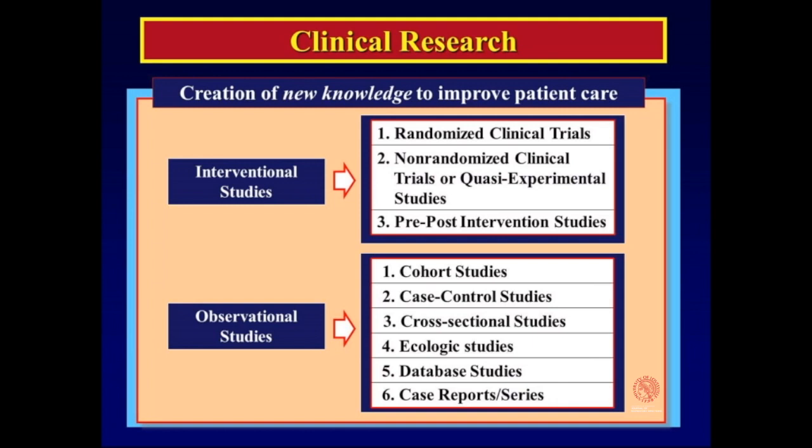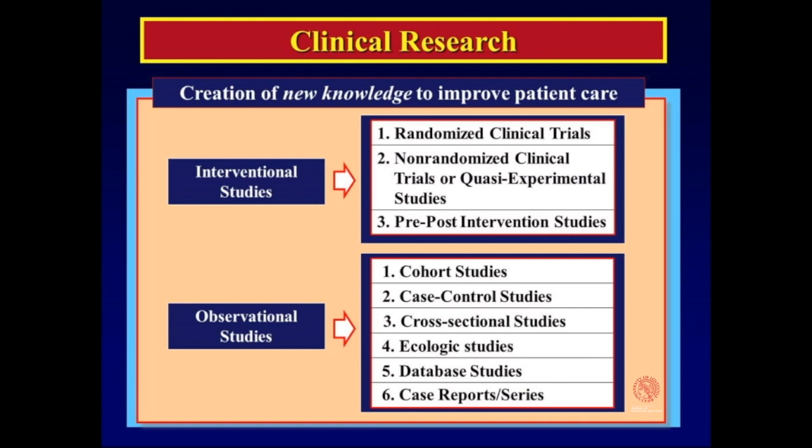Even though the best evidence is prospective clinical trials, this is 30% of clinical research. Most of the clinical research is observational studies. And for anyone who is going to start doing clinical research, at the beginning it will always be observational studies.